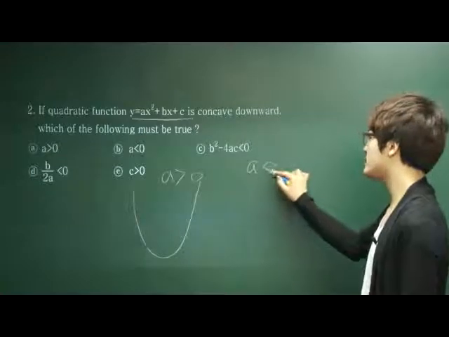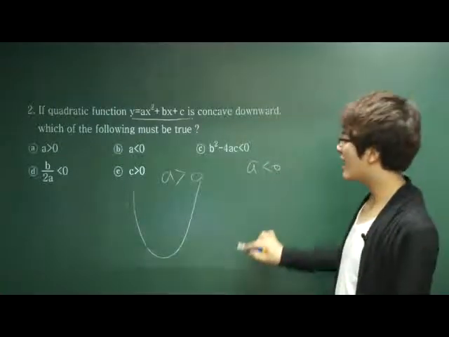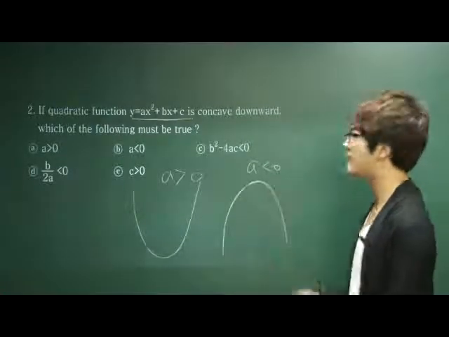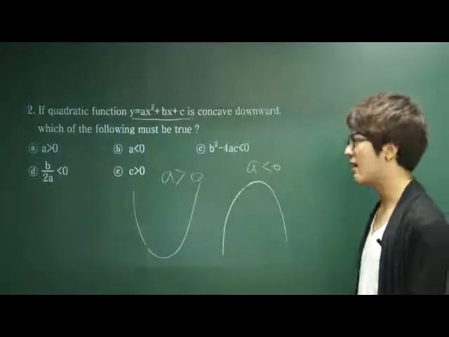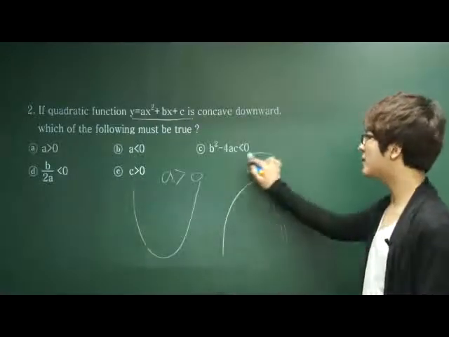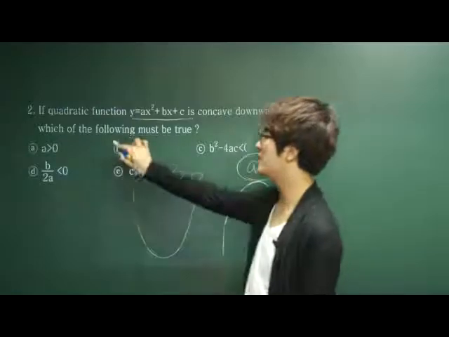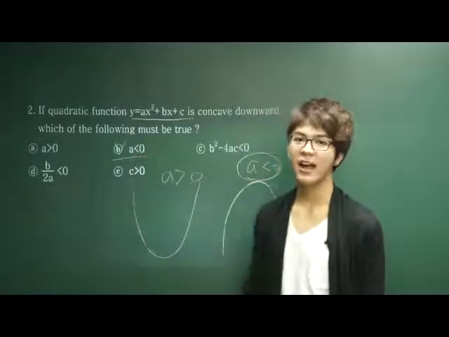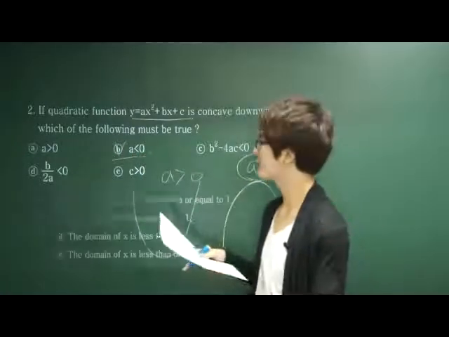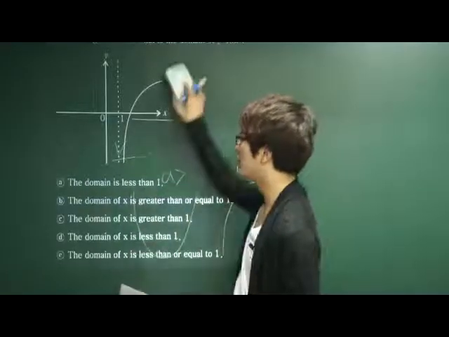If a is less than 0, in other words, if a is negative, then the graph is concave downward. This is it. End of the story. Therefore, a has to be less than 0. Among our answer choices, B is the correct answer, right? Easy.